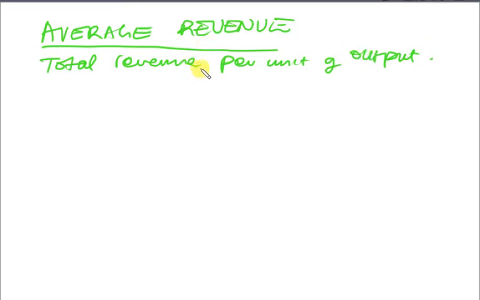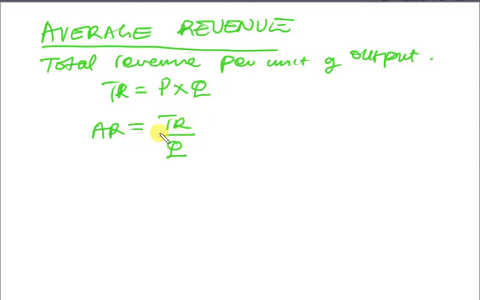And of course, as you know, the total revenue is given by the formula price times quantity. So average revenue would be total revenue over the quantity. If we want to get the amount of revenue you get from 1 unit of output, you have to get the total revenue and divide that by the output.